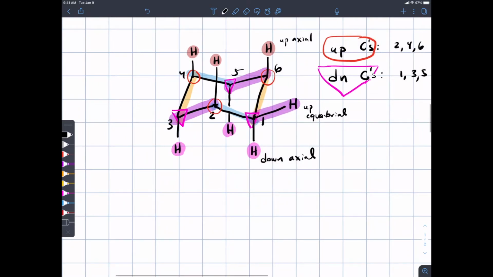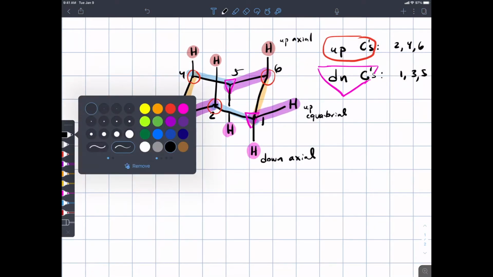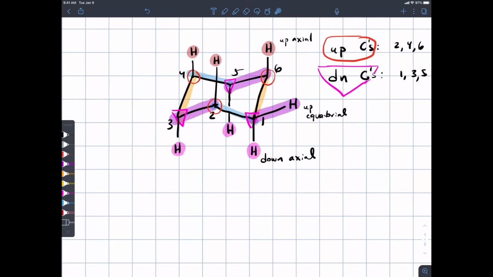Okay? On carbon 3, we have an equatorial proton that's also up, and we need to make the bond parallel to these blue bonds between 1 and 2 and between 4 and 5. So I'm going to draw it like that. Hopefully you can see that we're parallel here. That is also an up equatorial hydrogen.